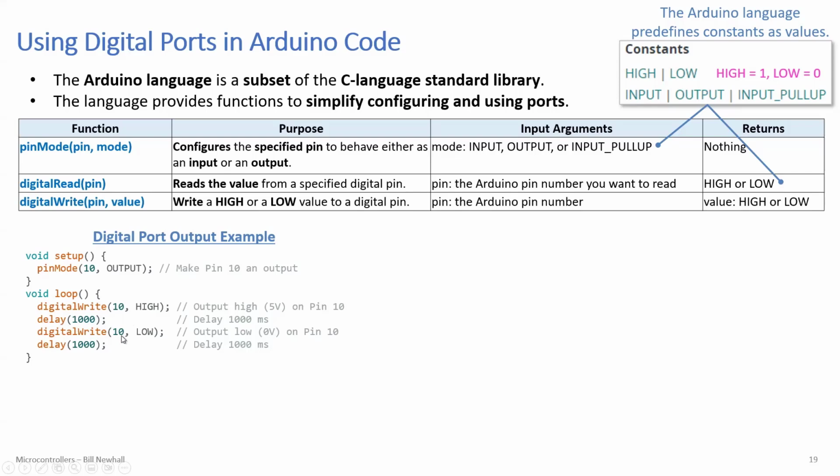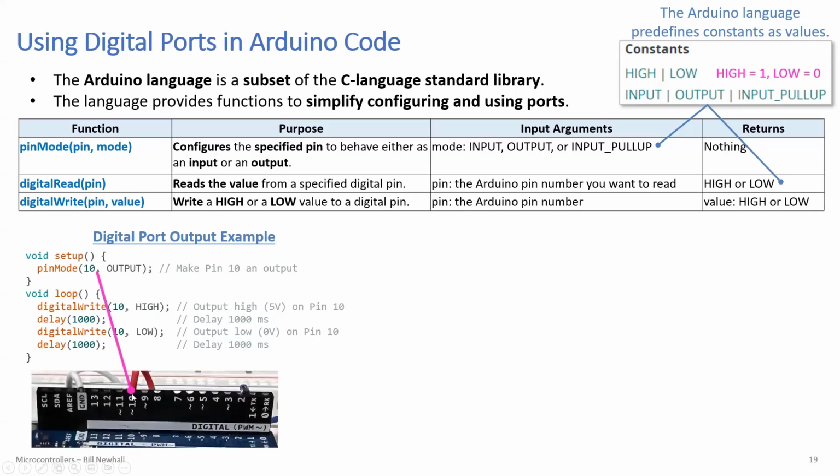Then I have digital write to pin 10 as a logic level low, and then delay. So this is going to make this pin alternately high and low roughly every second. Pretty close to every second, except for any time it takes to do things behind the scenes in between loop runs. So that's an output example that shows you how to set the mode and write to a pin.